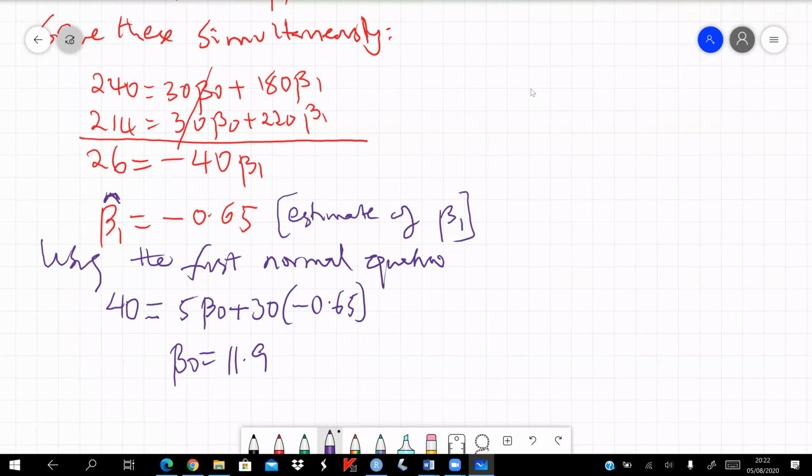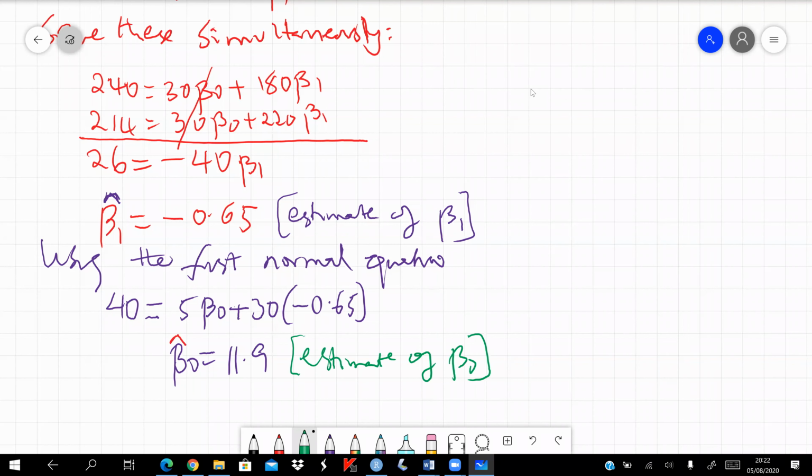And again, this value is not the true value of beta naught. It's an estimate, so you put a hat like that. This is the estimate of beta naught according to this method.